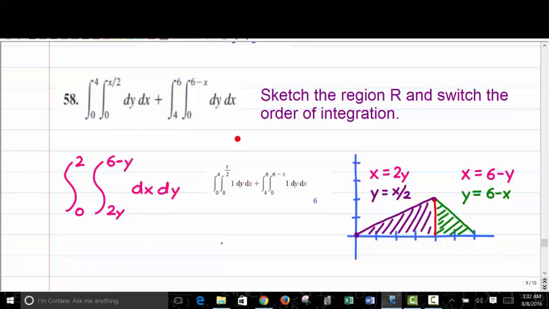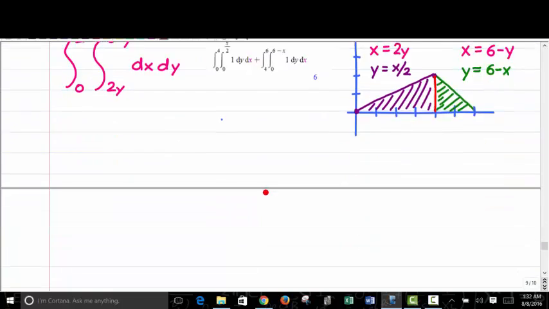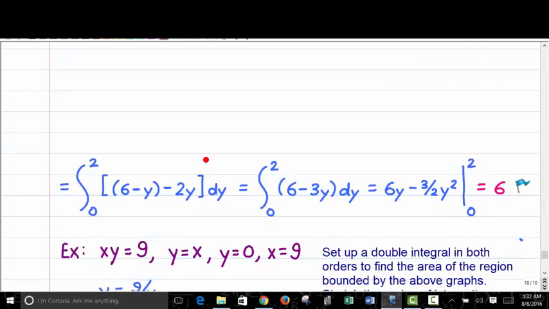Now I put the original double integral. Once again, this is just a triangle, so it's actually pretty easy to verify if we got it right or not, because the area of that triangle would be 1/2 times 6 times 2, which is 6. So this original setup yields 6, and then I'm going to skip past this part right here, but that's just the working it out.